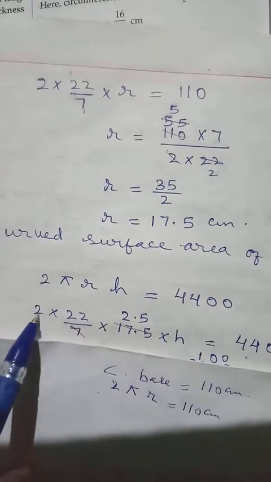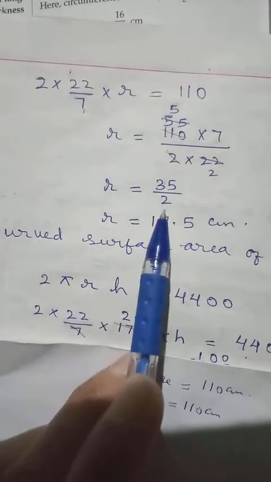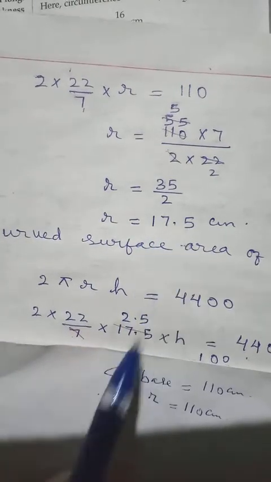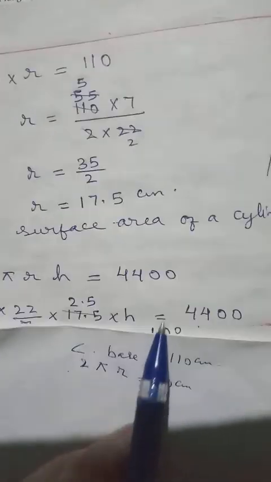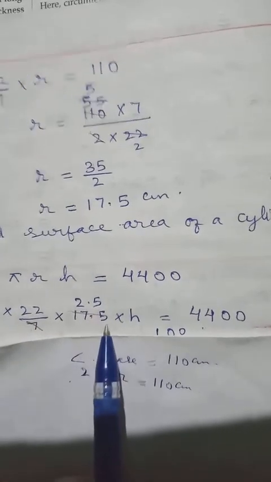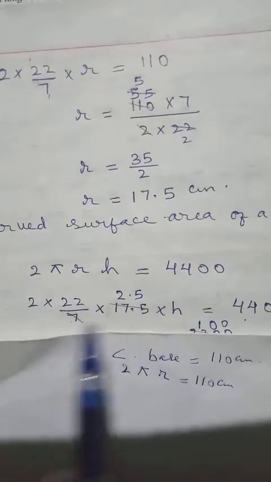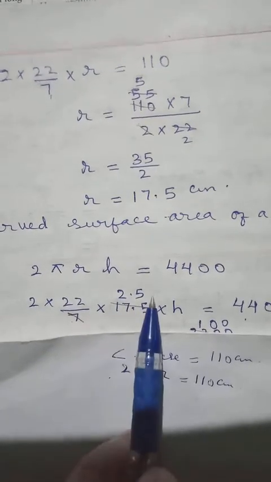Here 2, let it remain 2. Pi we know 22 by 7. R just now we calculate 17.5. H we still have to find, so let it be there. Okay, then if you look here, because 7 is down, 17.5, that we can divide. 7 to 14, come decimal, you put decimal, 7, 5.